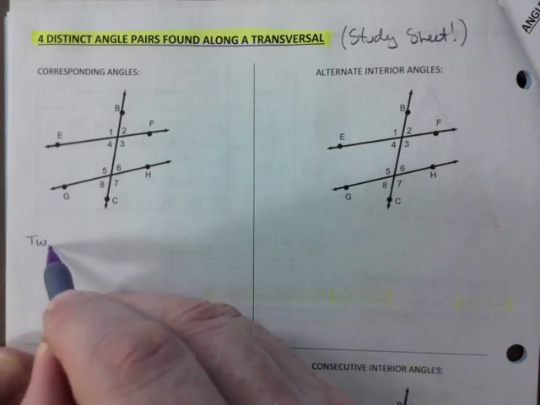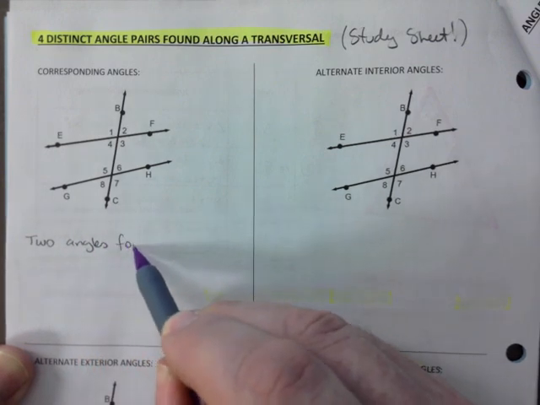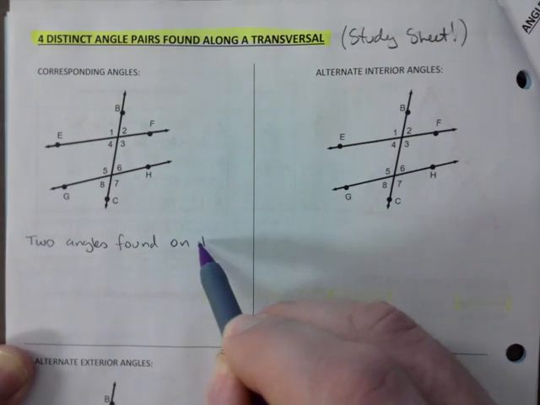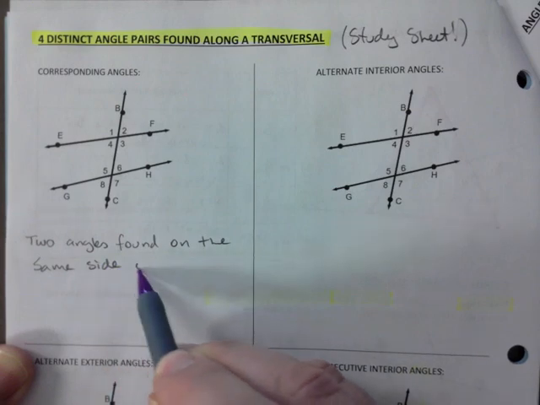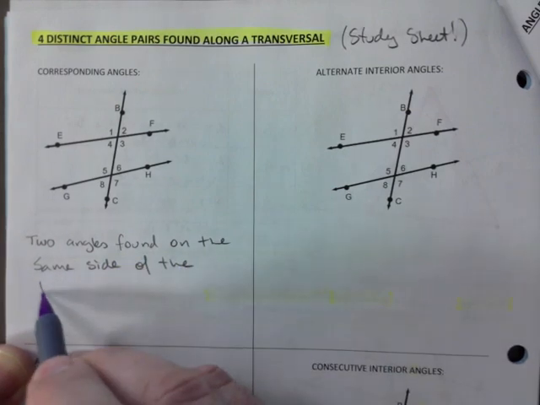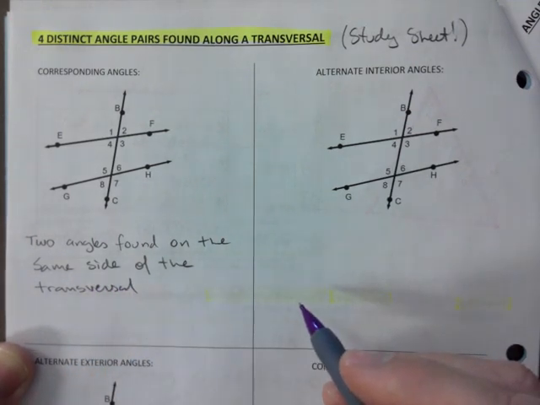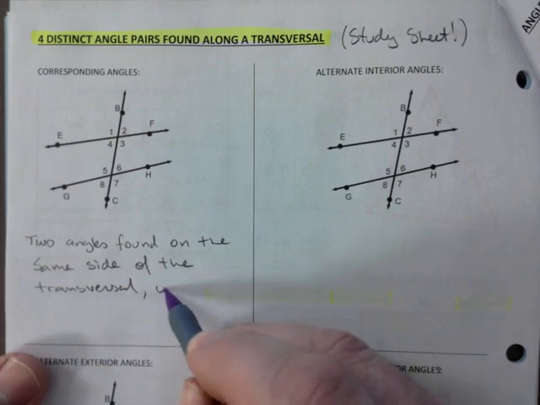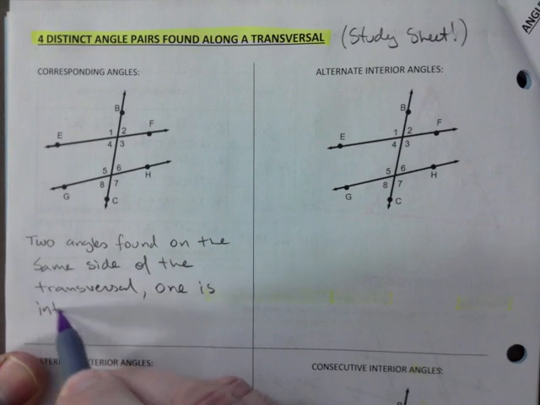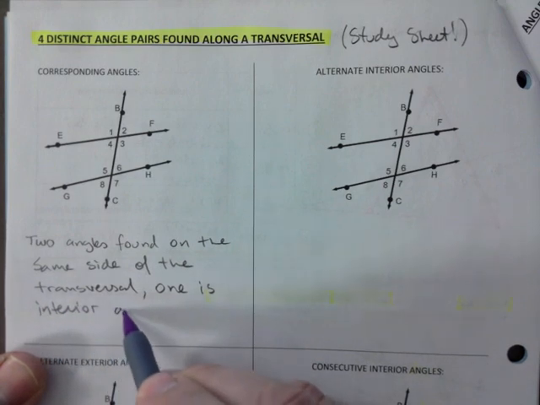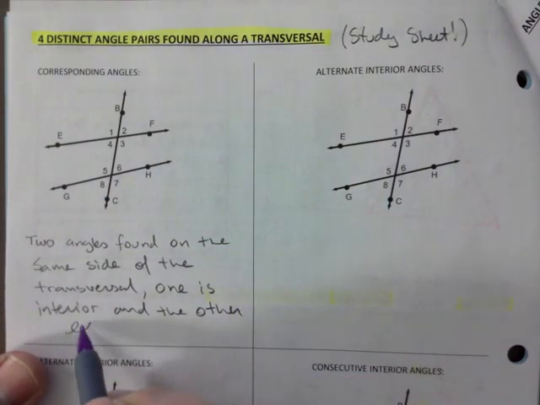Two angles found on the same side of the transversal, one is interior and the other exterior.